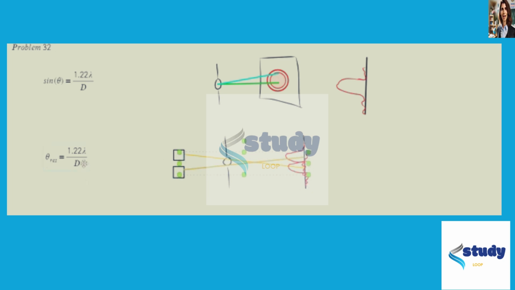So theta res depends on the wavelength of the light used. So that is the characteristic of the light that determines theta res, the wavelength. Theta res, that resolution limit, also depends on the diameter of that aperture. So that is the characteristic of the optical device that determines the resolution limit.